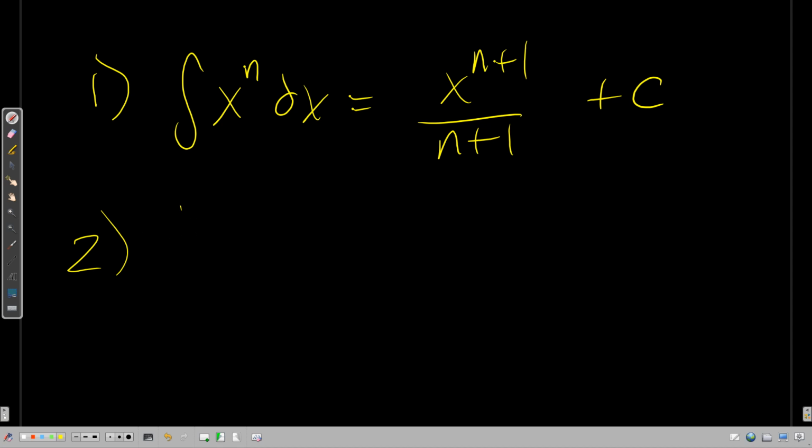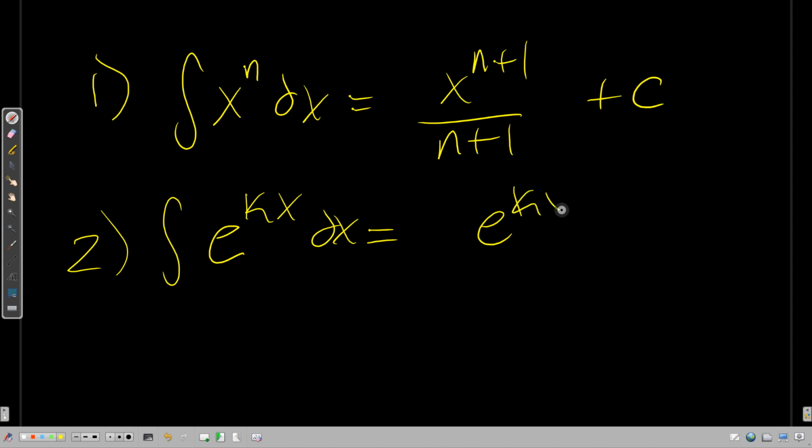You can probably write down that a separate rule would be, if you had e to the kx, that this is just e to the kx over k. We can do this more generally, right? Instead of just kx, we can say that this is e to some function where the function is in the exponent.